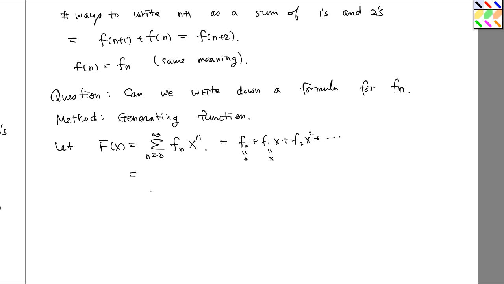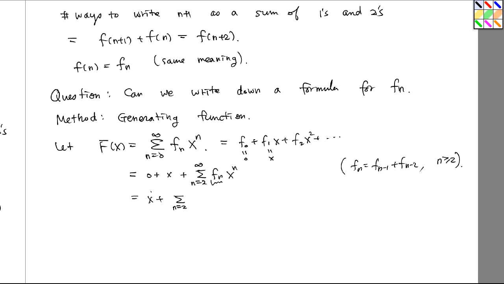So 0 plus x plus the sum where n goes from 2 to infinity of fn x to the n, because we're going to use this recurrence relation, and this is valid when n is greater than or equal to 2. So now this is going to be x. I'm going to substitute the recurrence relation.